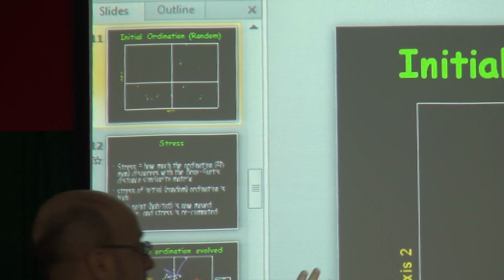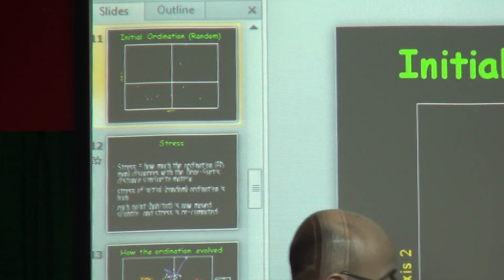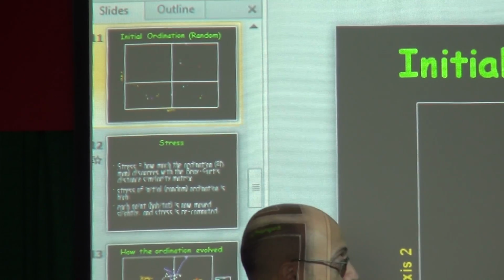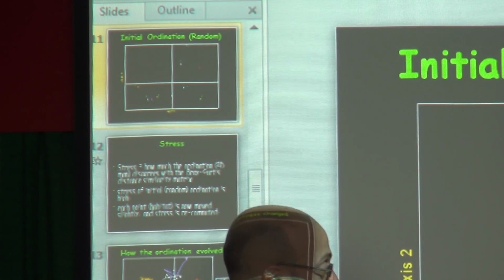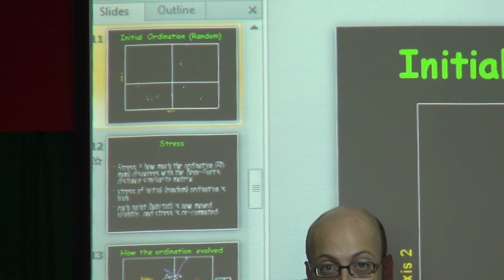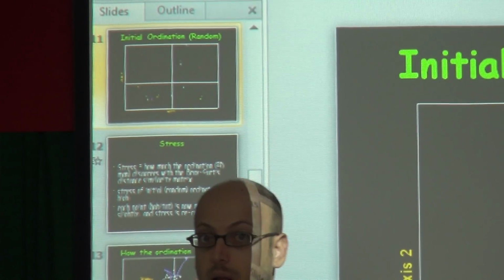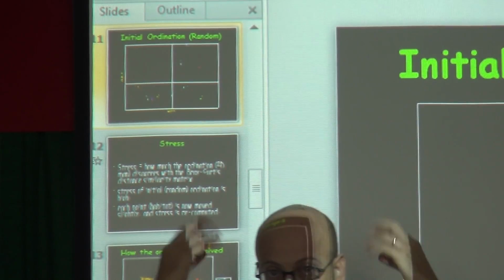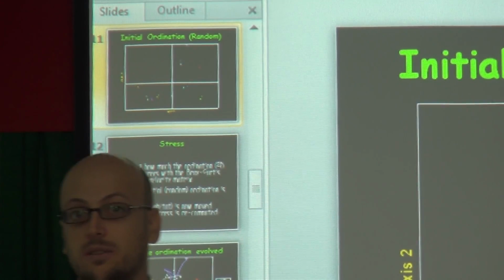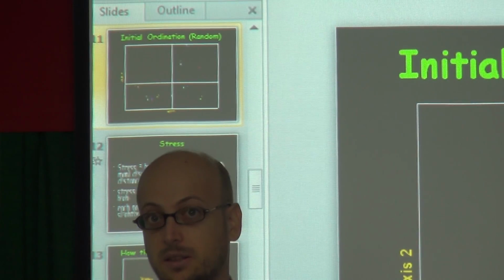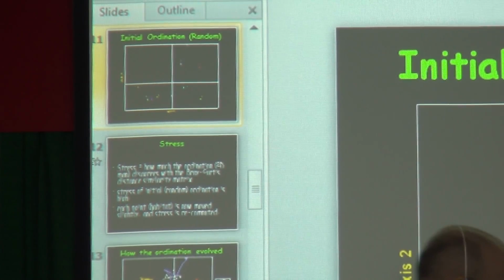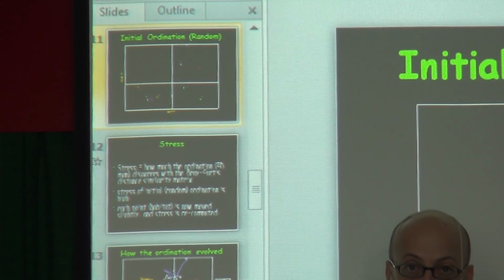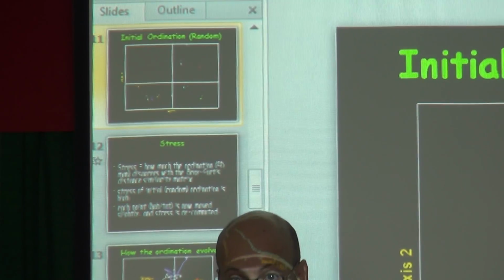This is just axis 1 and axis 2 that the computer created in order for us to be able to put our data on a map, to see our data, but those axes are from the imagination of the computer. They don't have any meaning in the real world. It's not height, it's not weight, it's not calories, it's not protein. It's a combination of all of them.